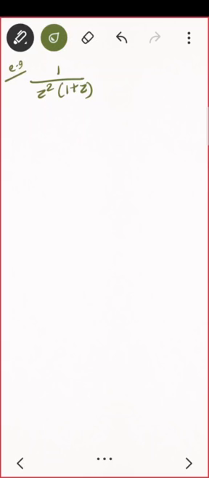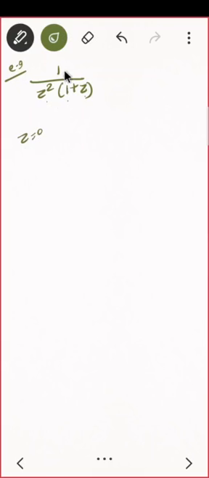Suppose I am giving you a contour. You are having two singularities, z equal to 0 and z equal to -1. So my question is, what can you say about this? Whether z equal to 0 is which type of singularity?